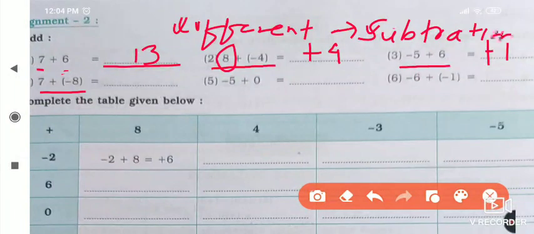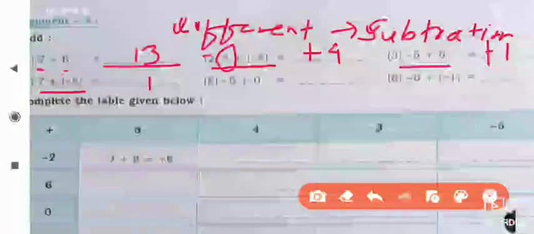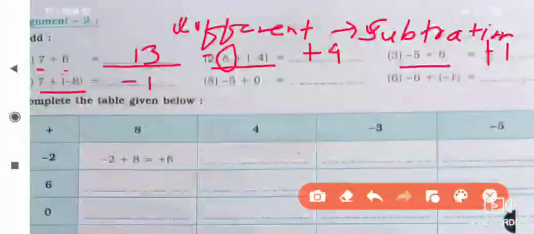This is the only rule you have to follow. So 7 is positive and 8 is negative. Bigger number minus smaller number is equal to 1, and the bigger number is 8, and the sign of 8 is negative, so the answer will get the negative sign: negative 1.